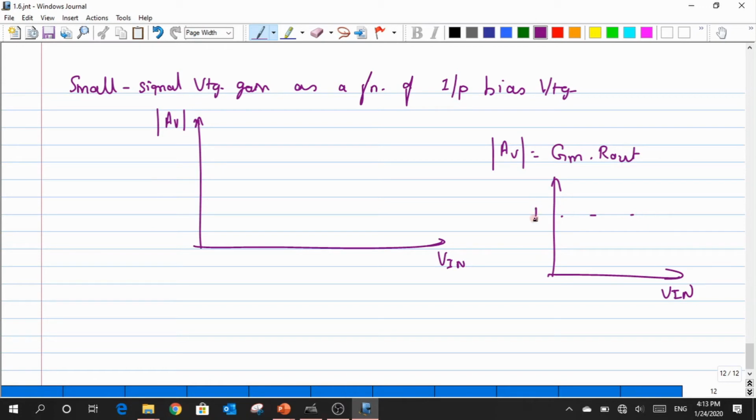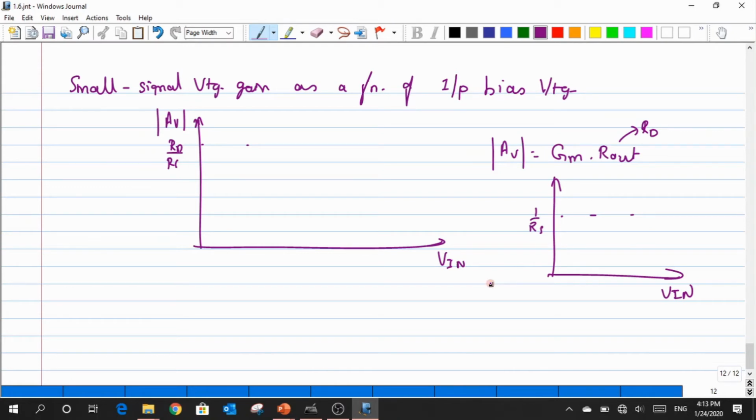Yeah, it went to a particular value of 1 by Rs. Okay, so what was our Rout in that case? It was approximated to a value of Rd. So the maximum value that I can get out of this gain would be just Rd divided by Rs, right? So I can put it here, and the way it reacts will be almost identical to what I got for the GM.